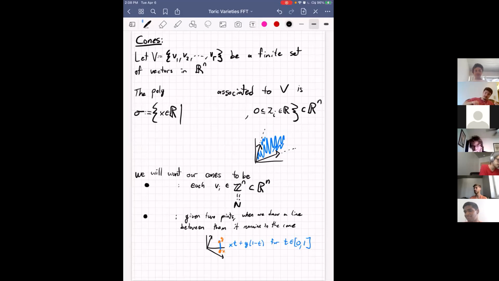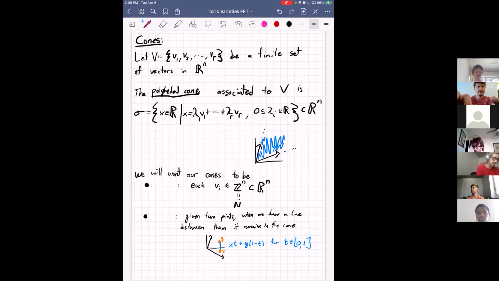and so we'll define the polyhedral cone. I think polyhedral is from the fact that our cone is going to have sharp edges rather than being like a round cone. So our polyhedral cone is just the set of all x such that x is a linear combination lambda_1 v_1 plus ... plus lambda_r v_r.